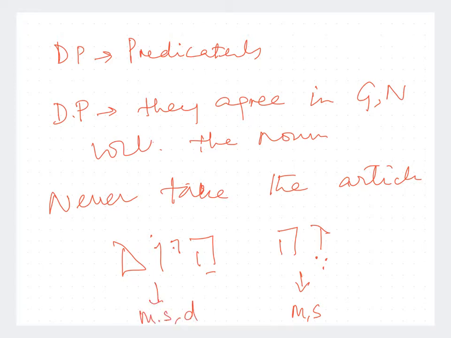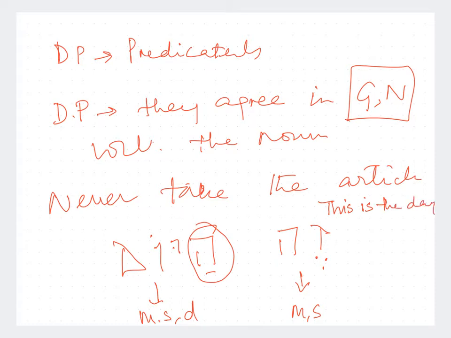You see, they are agreeing in gender, they are agreeing in number, but not in definiteness. So how are you going to translate it? You will translate predicatively with a linking verb. So you're going to translate it as this is. Now you have to translate the definite article, the day. So you have a linking verb which makes it predicative in this sense. This is the day.